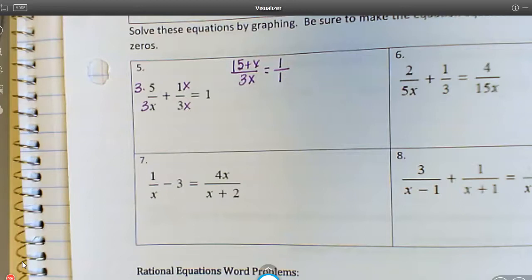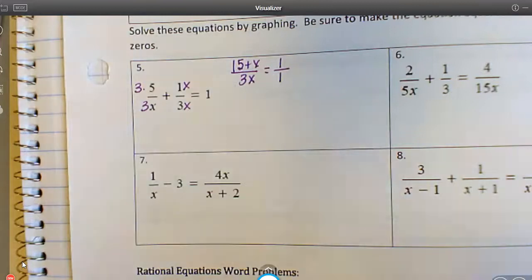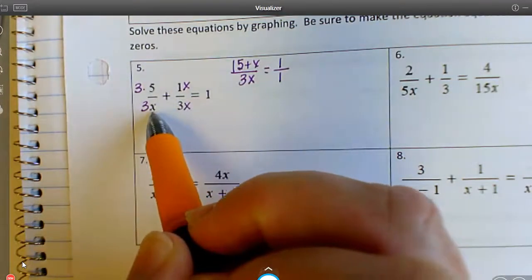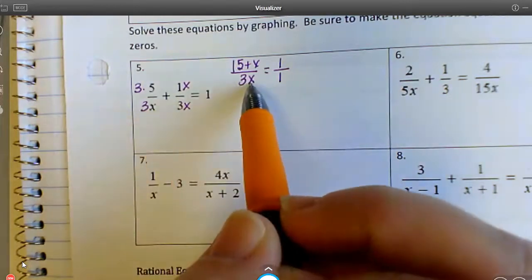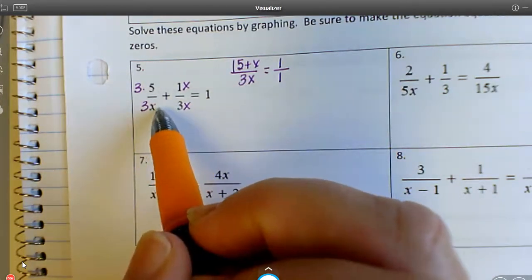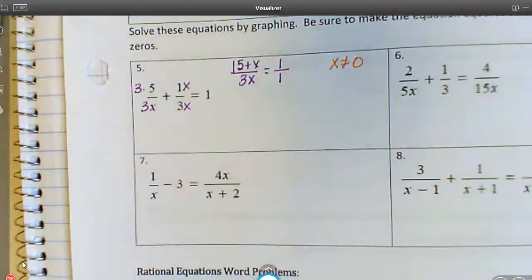What can x not be in this problem? It's actually a 0 that it can't be, because the only thing on the bottom is a 3x or an x, and so in this problem x just can't be 0. Okay. Alright, let's go ahead and solve it.